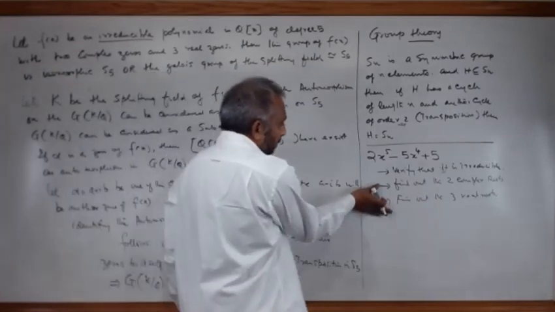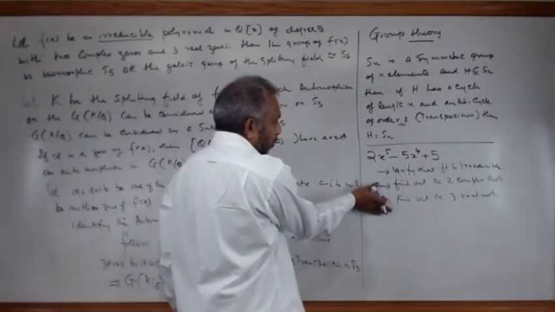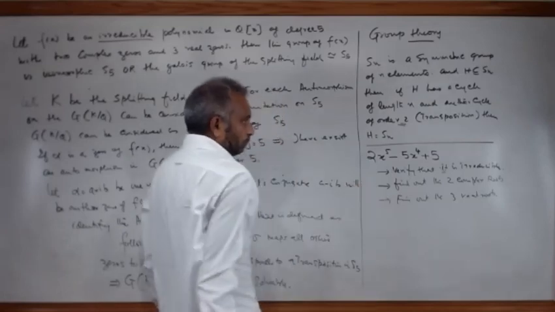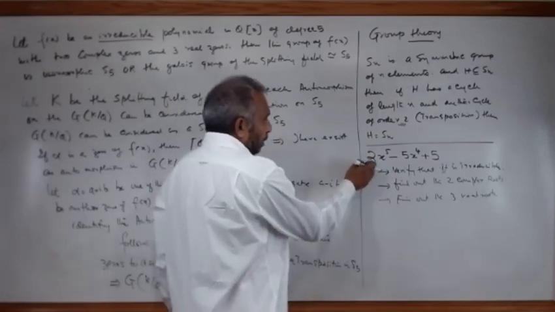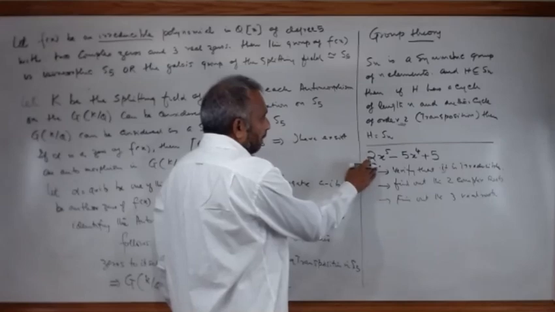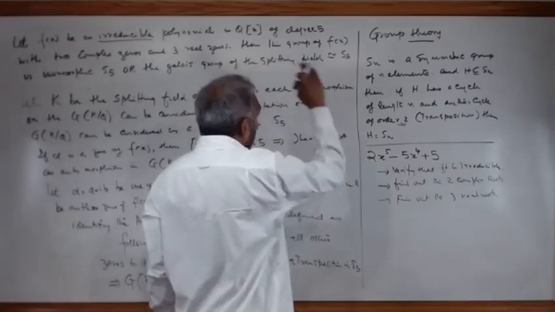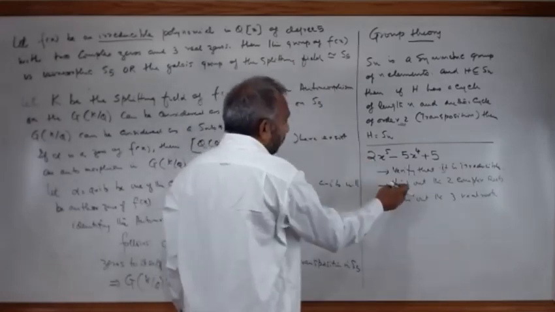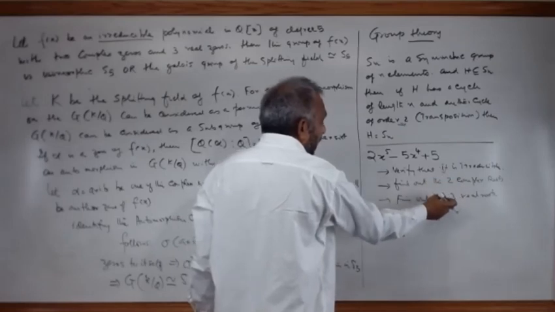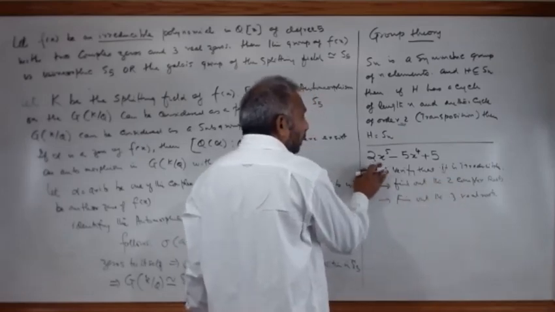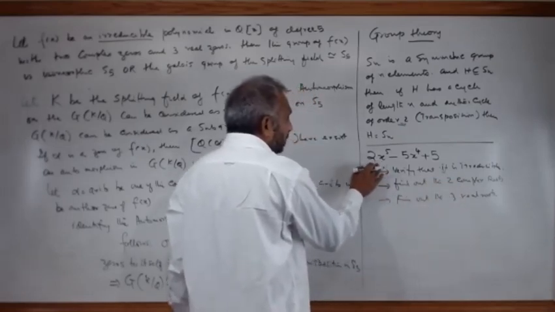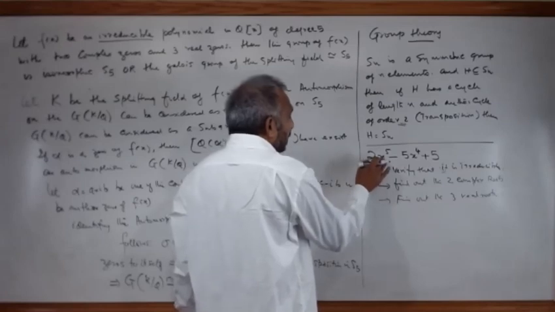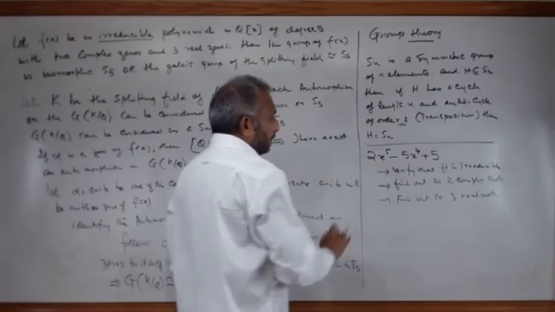This involves graphical solutions, so I am not going into the details of this. So we have an example here which is an irreducible polynomial over Q having two complex roots and three real roots, and therefore the splitting field of this is not an extension of Q by radicals.